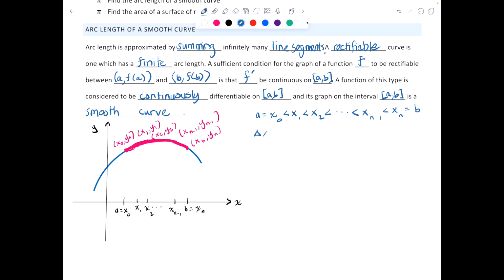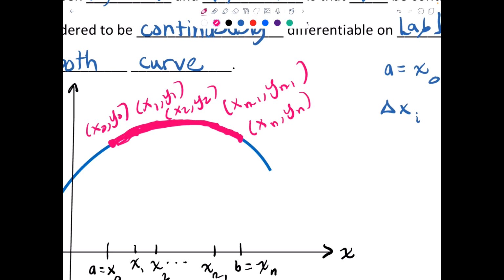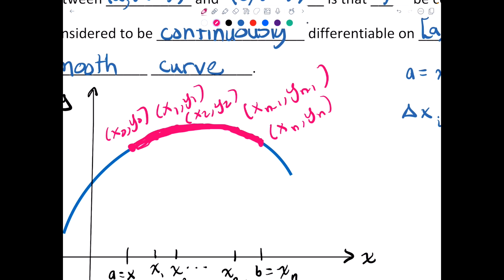Now, for the change in x sub i, if you scooch in on these, I made a thick line. You remember we had an ordered pair here. I'm going to make this less thick. This is too thick for my evil plan. So you had all of these little tiny pieces, which basically made up our arc length.